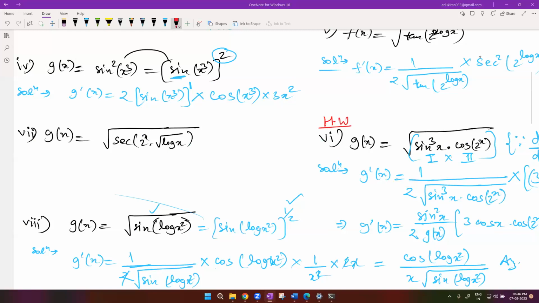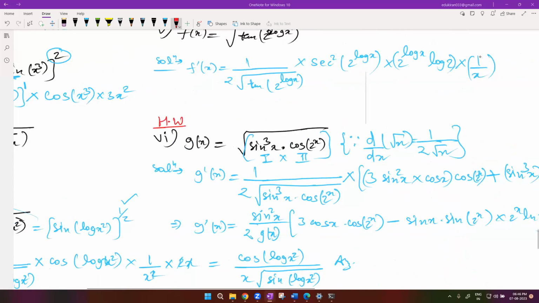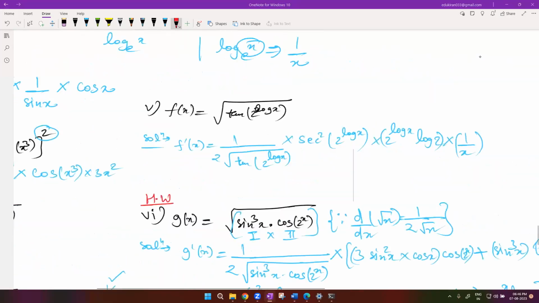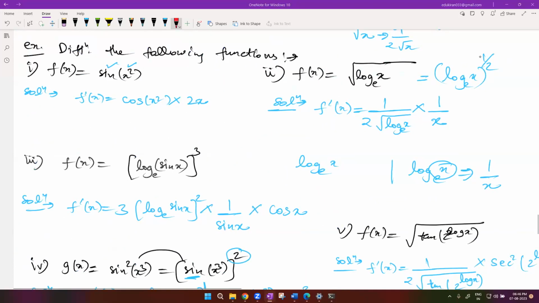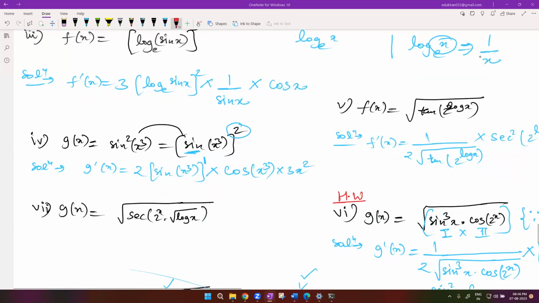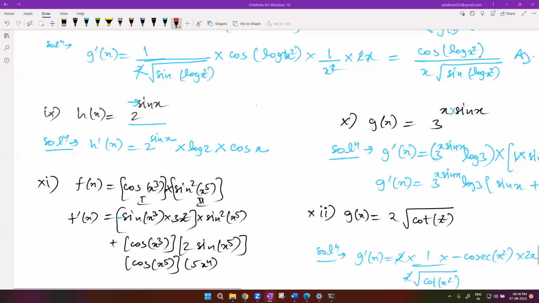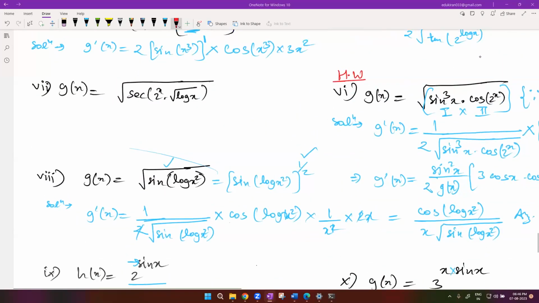Oh, we've already solved 8-1, so we only have 7. You guys solve this quickly. Let's find out what g dash x is in this case.